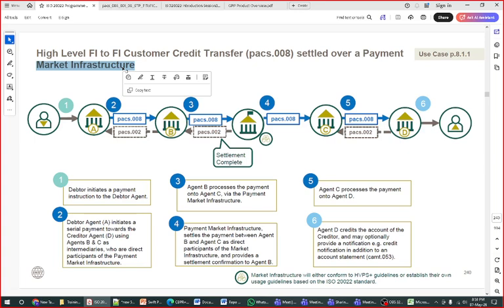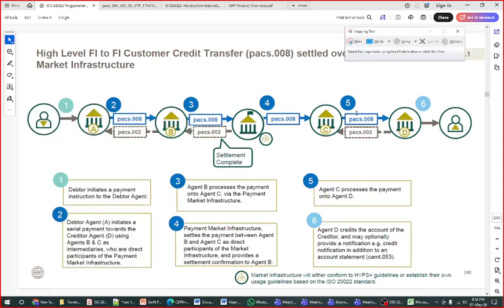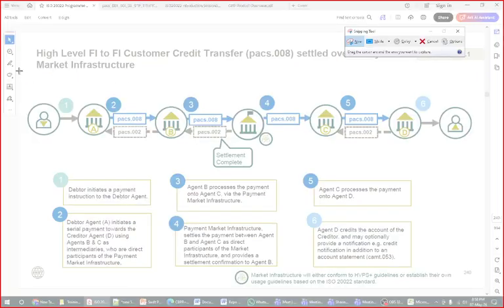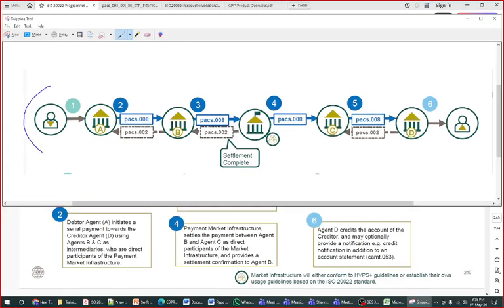So every time I also recommend you keep in mind this simple diagram. There is one debtor, and this same diagram is getting repeated throughout this PDF. So in your mind also you should be clear to explain this kind of diagram always. We have one debtor here, one creditor here.